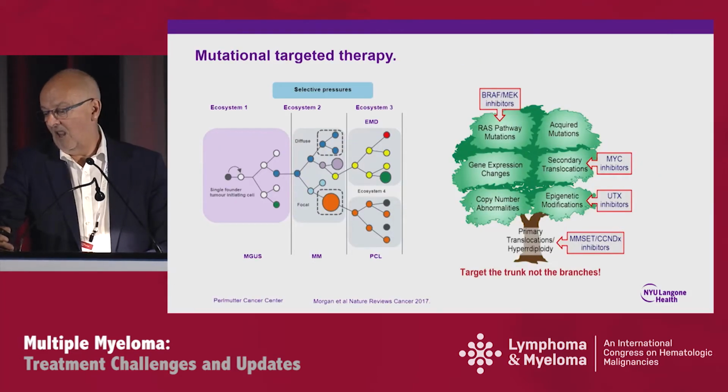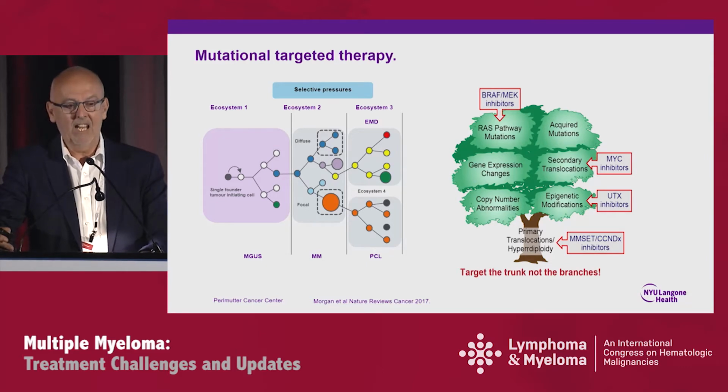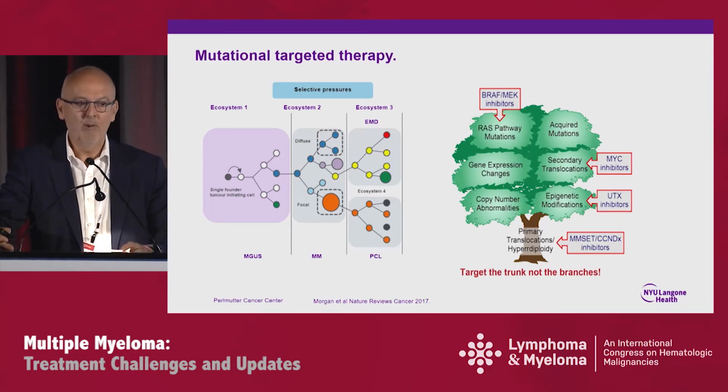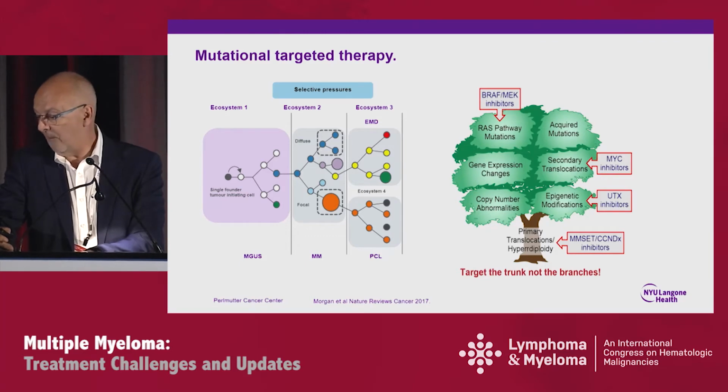So this tries to make the case that myeloma is a complex disease consisting of multiple different ecosystems within the body, all characterized by different genetic variables. So if you target something that is in a subclone, all you do is basically prune the tree, and after a limited period of time, the disease would be expected to relapse.